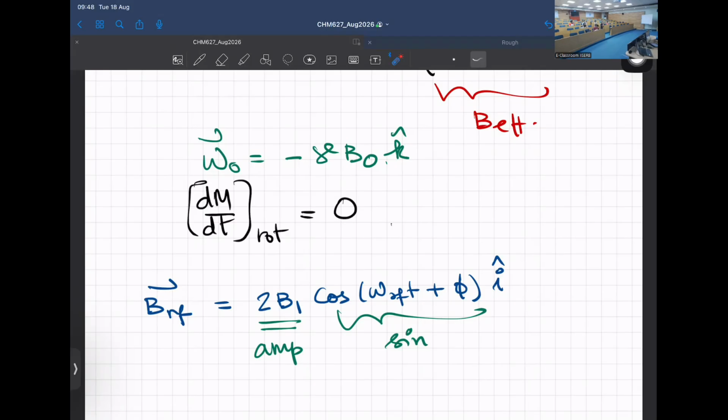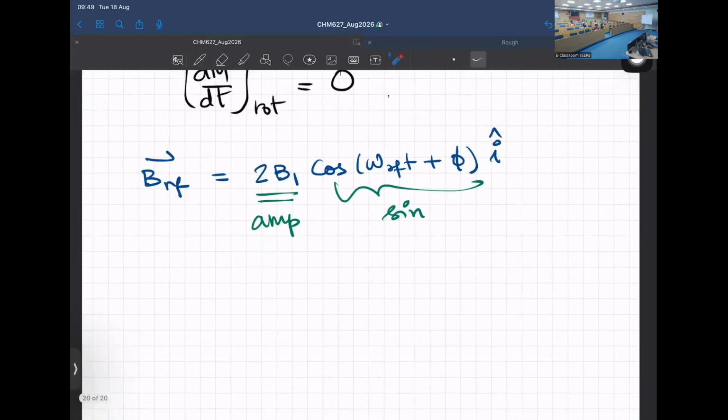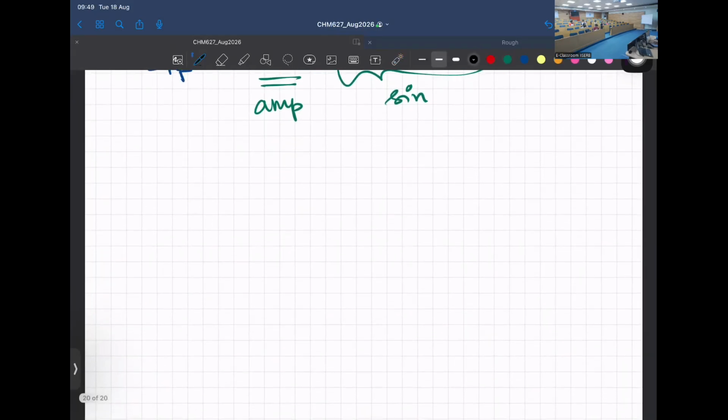Okay? And right now in the transverse plane, what has happened here is we set it along the x-axis at an angle of phi, a phase angle of phi. So what do I mean by this? Right now I'm going to draw what is being done only with respect to the magnetic fields.